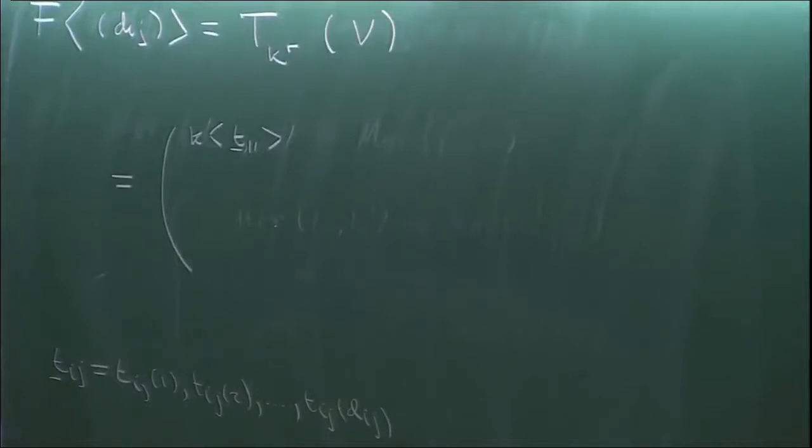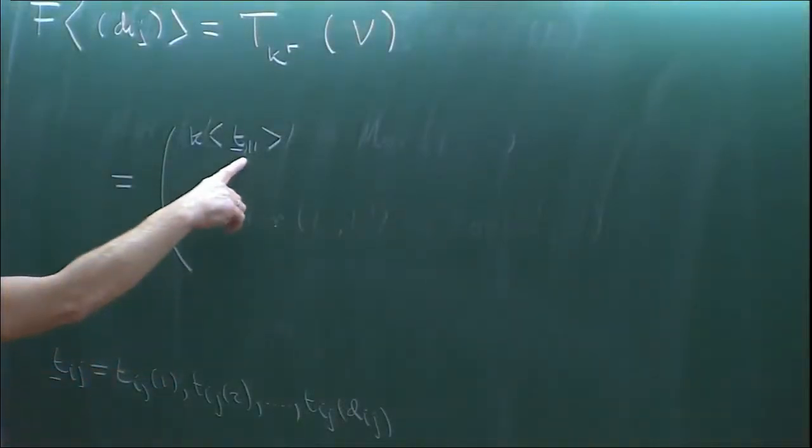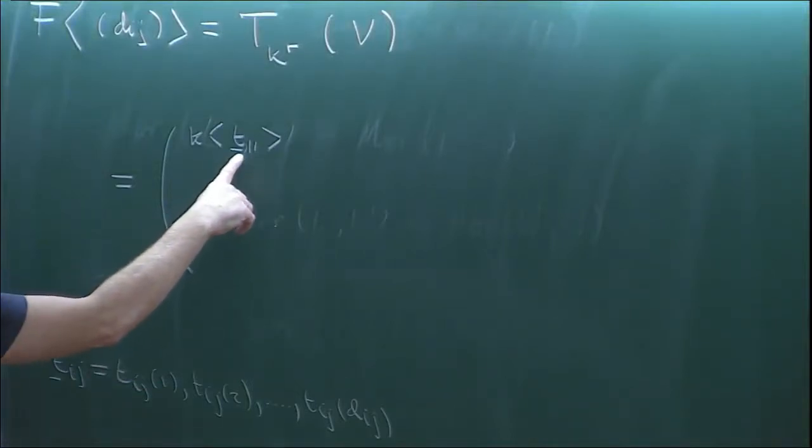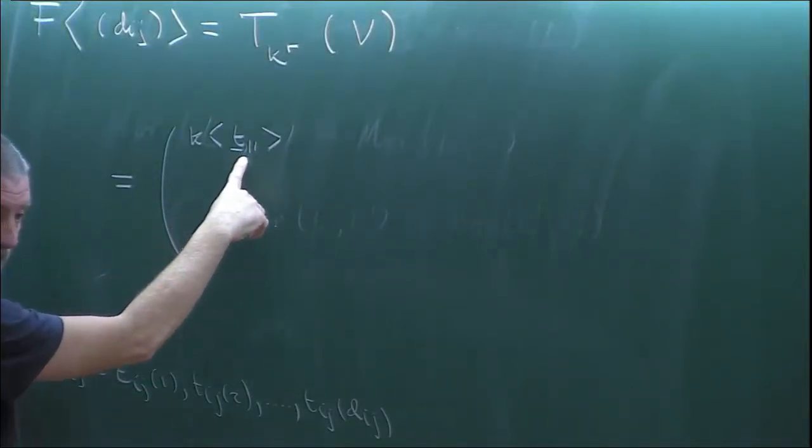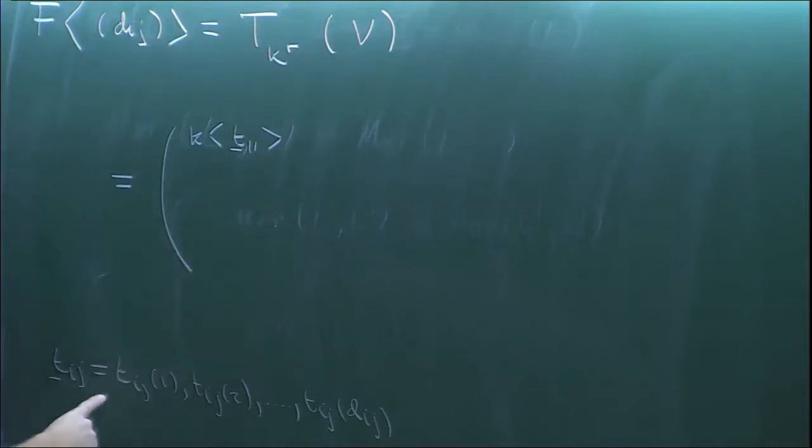So Tij is a variable. I just explained what T11 with a bar under means. This means T111, T112, up to T11d. Exactly as I usually use the notation k x bar to save chalk or ink or paper.